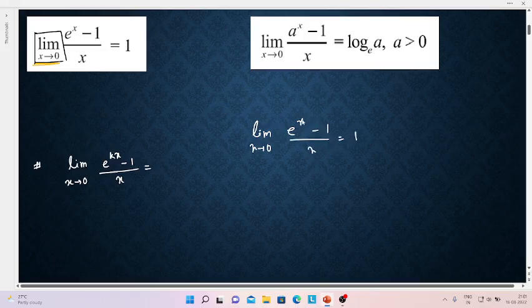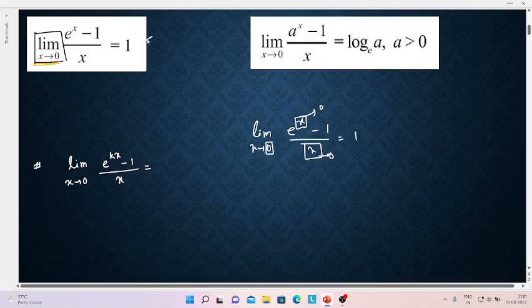So basically what we have to look at is, as x tends to 0, the power of the exponent, which is x, and the denominator part should tend to 0, right? Then that particular function will tend to 1 as x tends to 0.